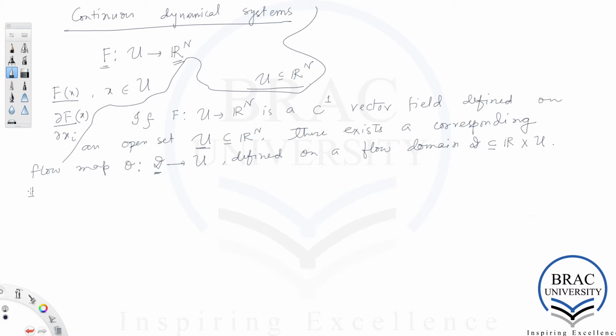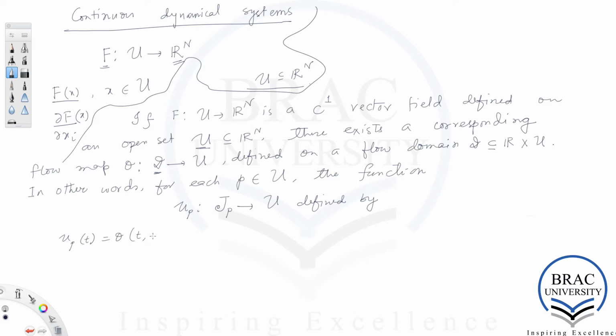So in other words, for each vector p in this open set U, the function u sub p from J sub p to big U, defined by u_p of t equal to theta of t comma p for all t in this maximal interval of existence J_p, is the unique solution to the following IVP: dx over dt is equal to f of x, the underlying vector field, and x at 0 is equal to p.